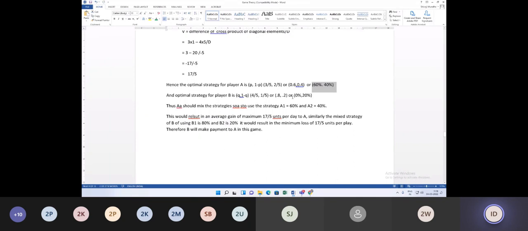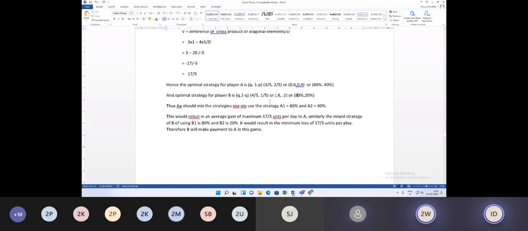It means 0.8 and 0.2, that is 80 and 20%. For player B, the meaning is that an 80% probability says you can select the B1 strategy, and a 20% probability says you can select the B2 strategy. Are you getting or not? Are you with me? Yes, sir.